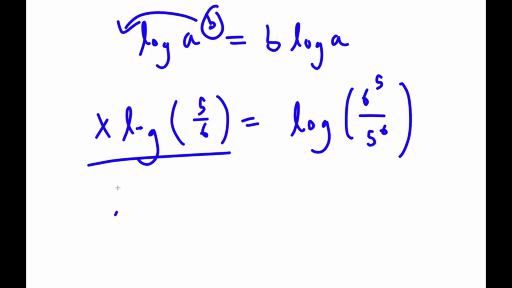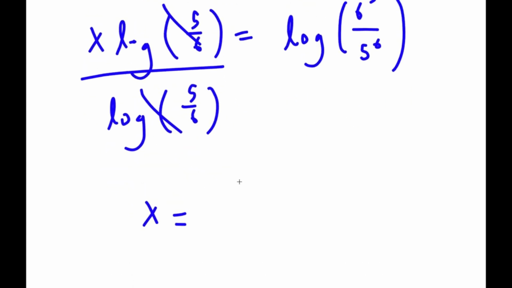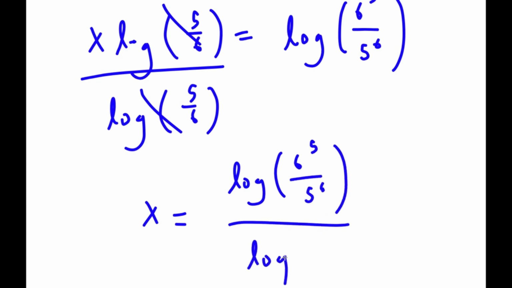Now if I divide both sides by log 5 over 6, these two cancel out, and I get x is equal to log 6 to the power of 5 over 5 to the power of 6 over log 5 over 6.